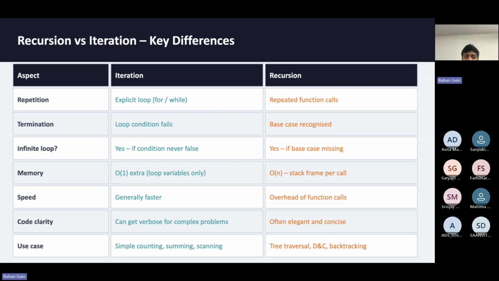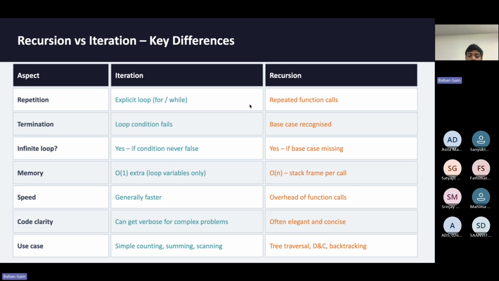So what is the difference between iteration and recursion? Iteration is like you are running a loop, but in recursion you have to make multiple function calls. In both cases you have to keep in mind that they can go into an infinite loop if you don't handle the base conditions.